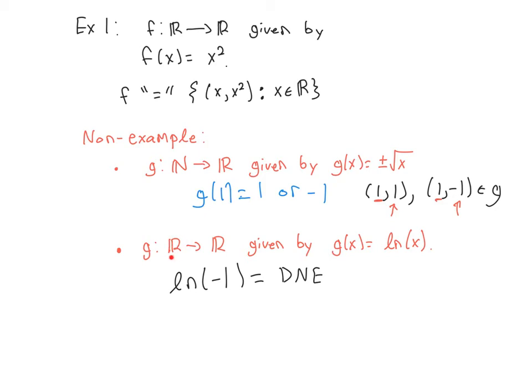So we run into a problem because that means that in the graph of this function, there is no ordered pair where the first coordinate is x. The definition of a function says for every x, in this case negative 1, there needs to be a unique y such that you have an ordered pair x comma y, and here we don't have that. We have no y coordinate. The idea is that for every element in the domain, there's a preferred element in the codomain.